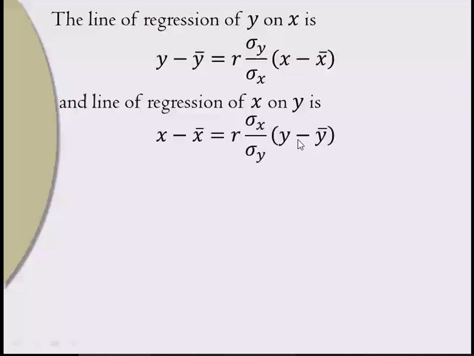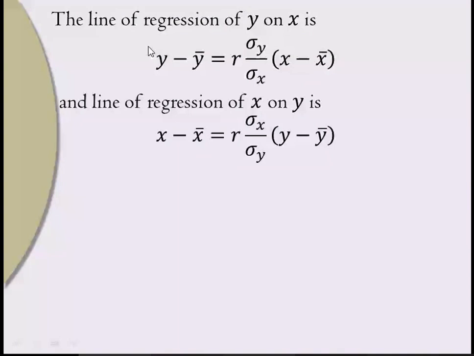We use the regression line of y on x whenever we want to find the value of y when the value of x is given, because just taking y bar to the other side we can easily find the value of y.